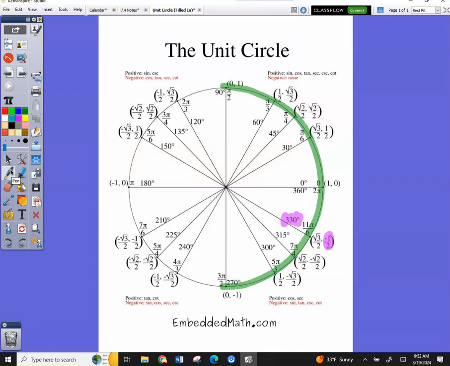Instead, you have to start from 0 degrees and go negative. So instead of saying 330, you look at the reference angle, which is 30, and it would be negative because you're coming down. So negative 30 degrees is the correct answer. That's what we learned, all in a nutshell.